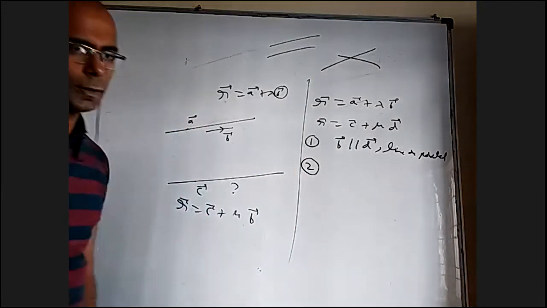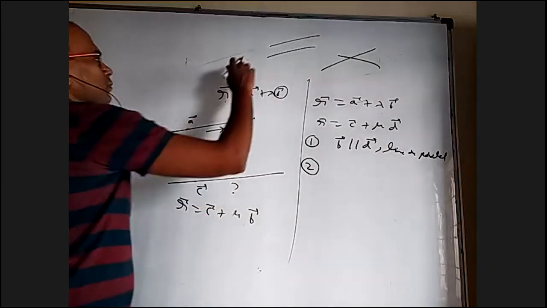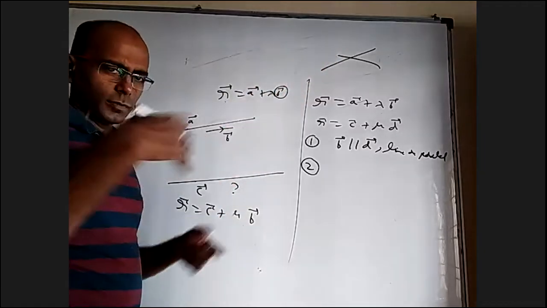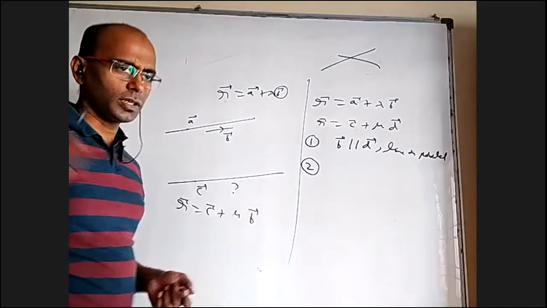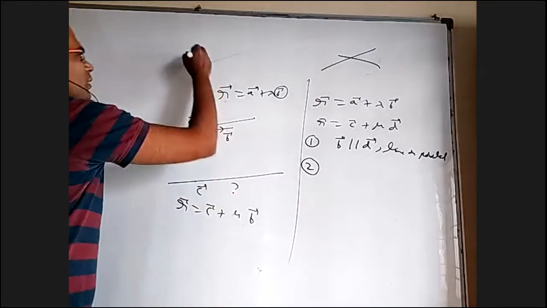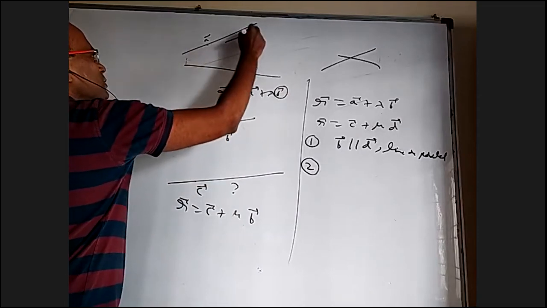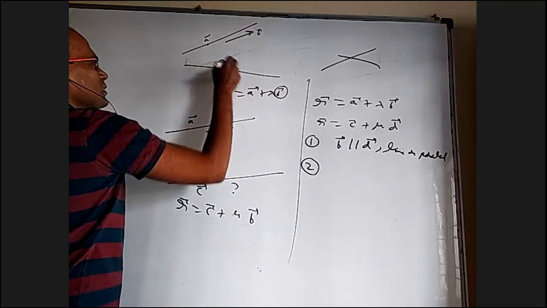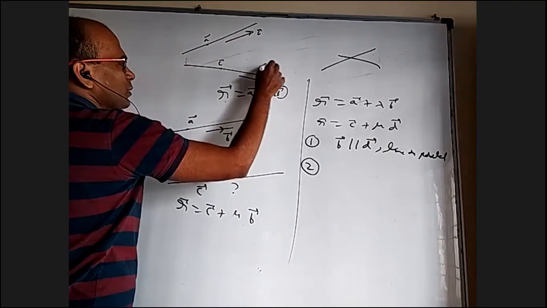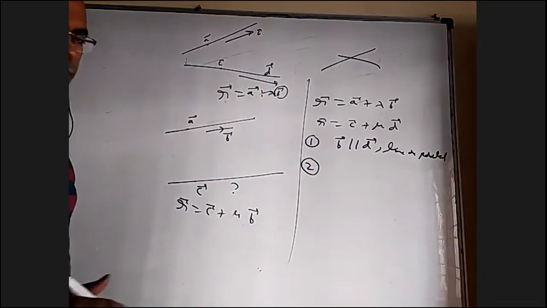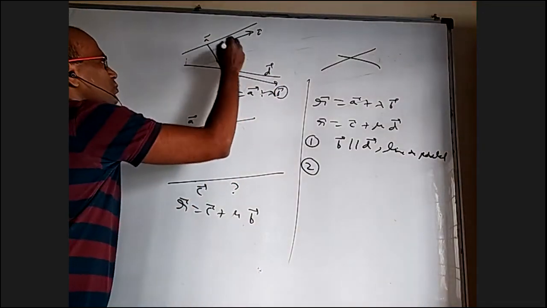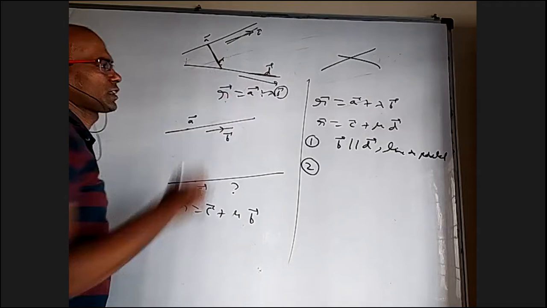I'm just trying to combine the future concepts in this, because for all the vector properties we discussed. Let us say this point is A bar and this line is parallel to B bar. This point is C bar and this line is parallel to D bar. If they're really in one plane, if you join these two points, this vector and these vectors should be coplanar.